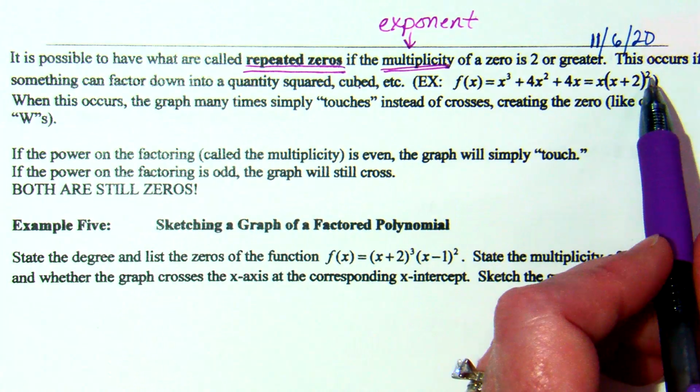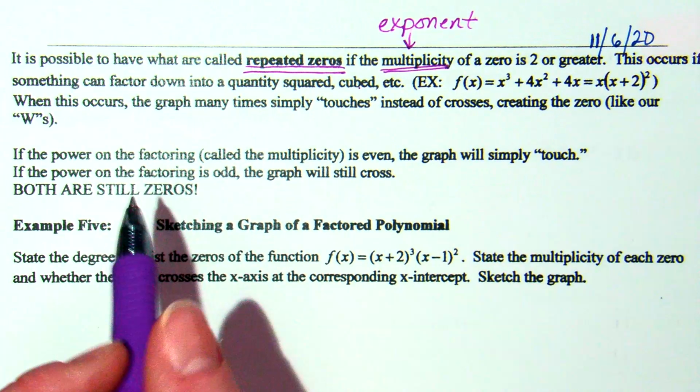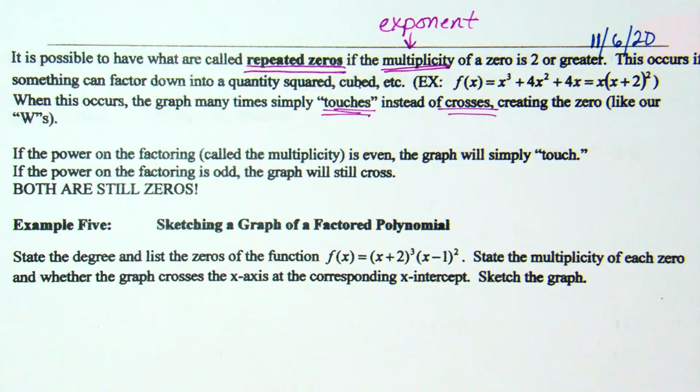Now, when you have that even multiplicity, what happens is instead of your graph simply crossing through the x-axis, the graph might touch the x-axis instead of crossing through it. So when I talk about touching the x-axis, notice it says like the W or a parabola. If a parabola just comes down and touches the x-axis and goes straight back up, it's touching it. It's not crossing through it.